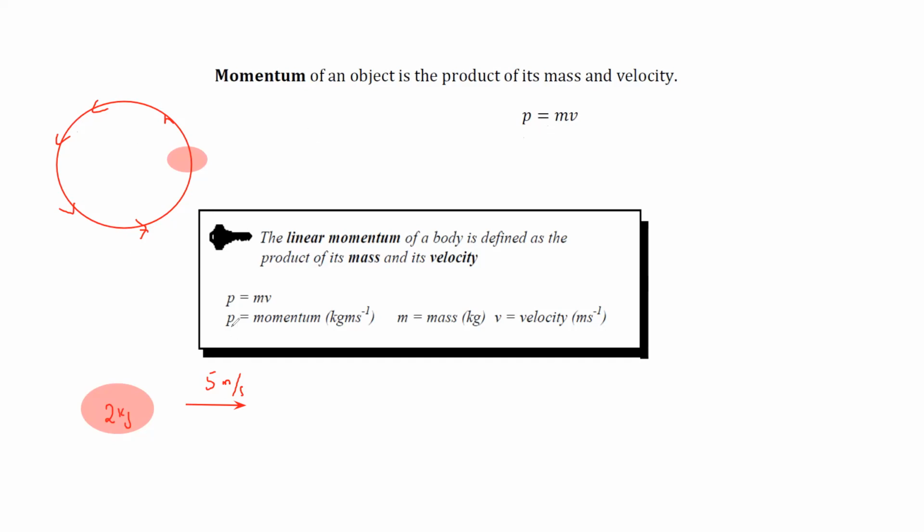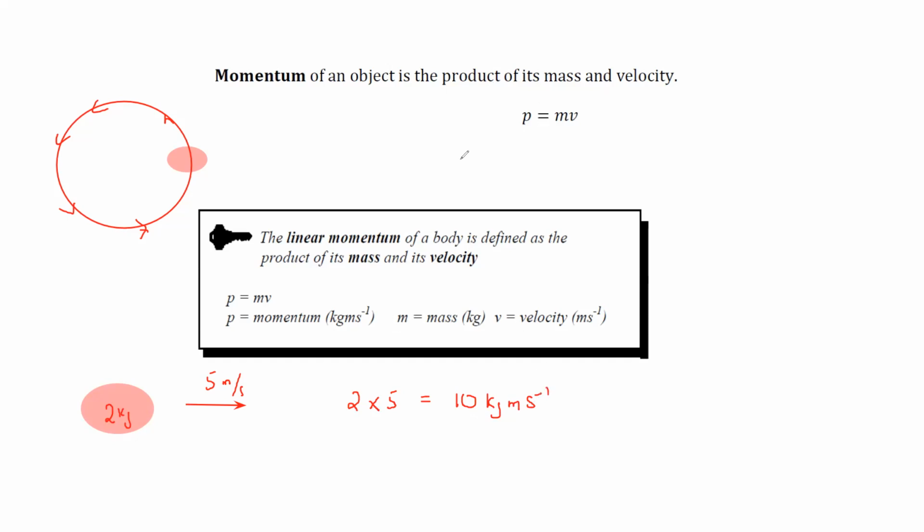So to find the momentum, basically momentum is a product of mass and velocity. The mass of the object is 2 and the velocity is 5. So it will be 2 multiplied by 5, that is equal to 10. The unit of mass is kilogram and the unit of velocity is meter per second. So it will be kilogram meter per second.